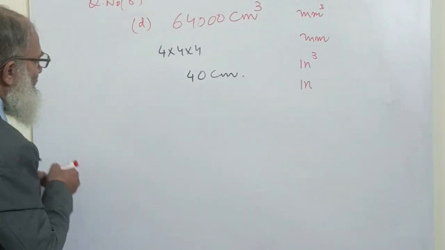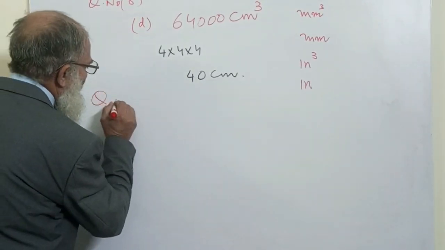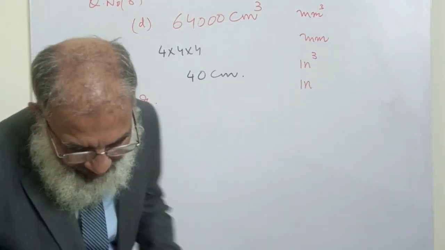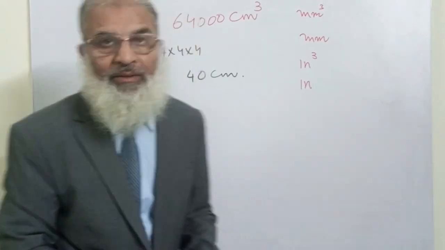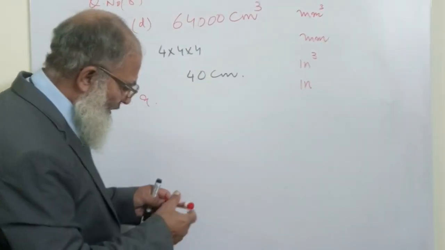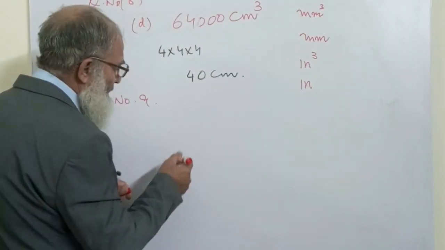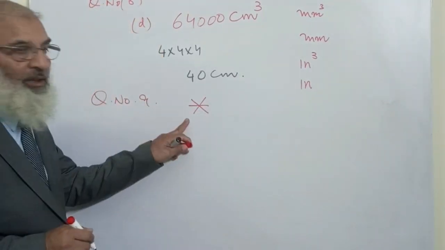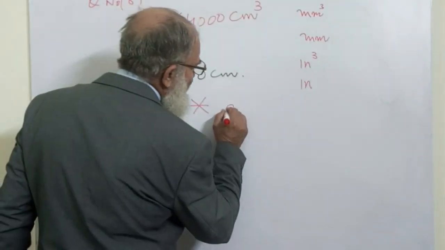Question number 9. There is a symbol written over here, and this symbol is called asterisk.